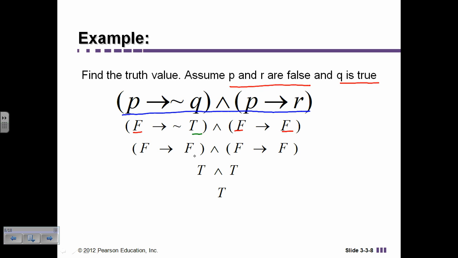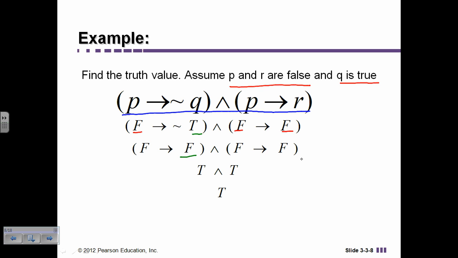Not true will reduce to false, for the negation of true is false. So now using our truth tables, false implies false is a true statement. If you start off with something false and you get a false result, that's a valid statement. That's true. And then, of course, using order of operations, we do our parentheses.